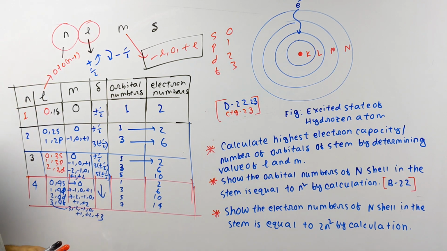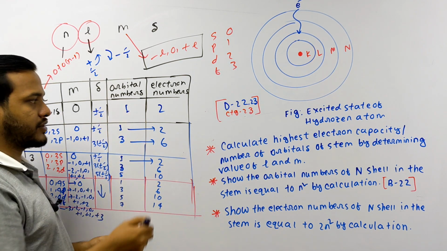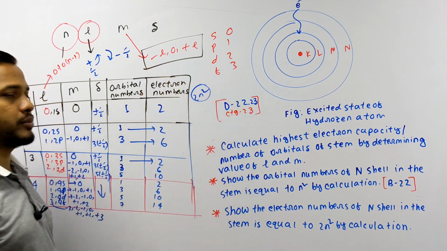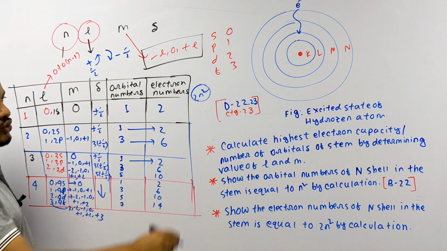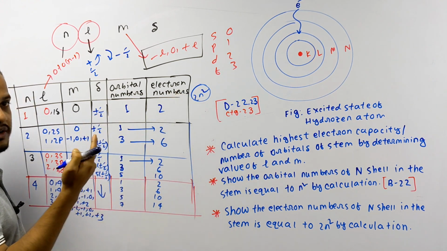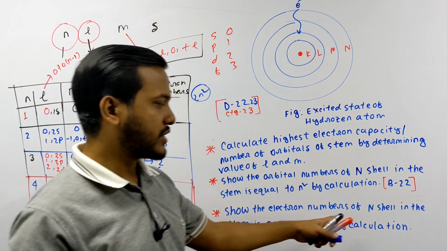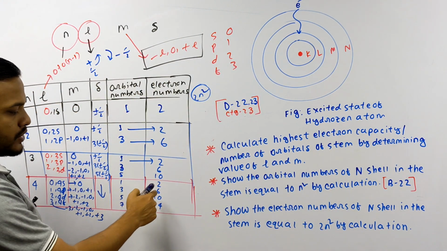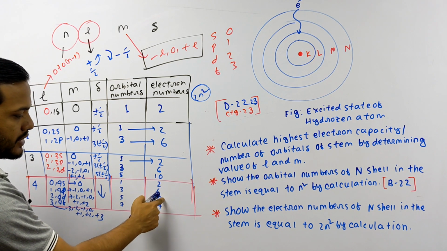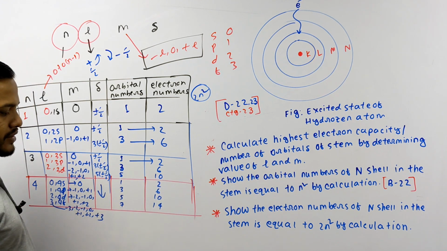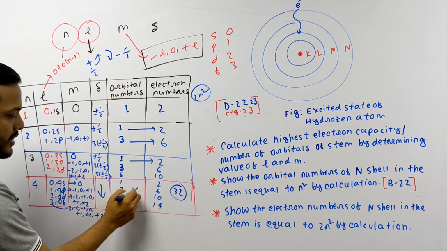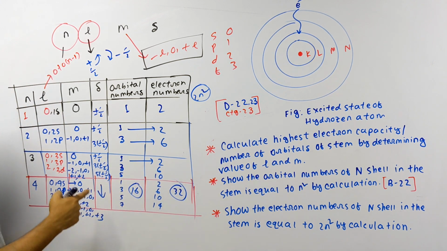The total number of electrons follows the 2n² formula. Why? 2 times 1 squared means 2 electrons. This shows that the number of electrons in the n-th shell is 2n², because the totals are 2, 8, 8, 18, 18, 32. The total electron number is 32 and the total orbital number is 16. So this is n², because n is 4 and the orbital number is 16.